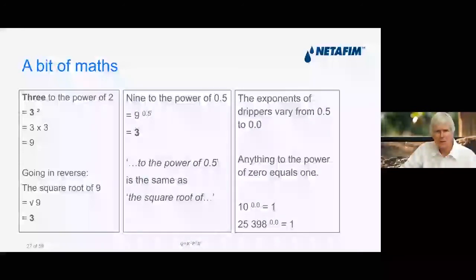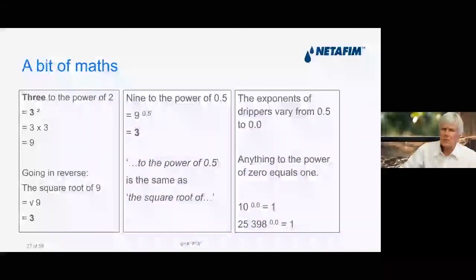Now I go to the middle box. 9 to the power of 0.5 equals 3. So you can see that 9 to the power of 0.5 and the square root, they're the same thing. So the power of 0.5 is the same as the square root of. Now we go to the right-hand box.